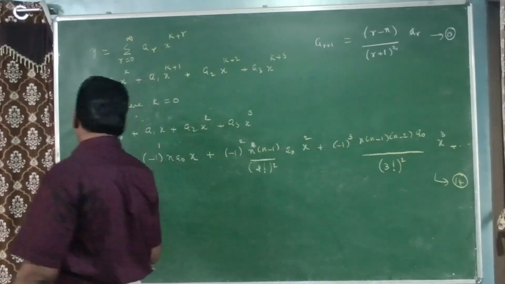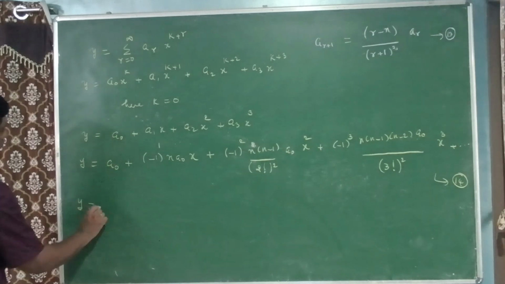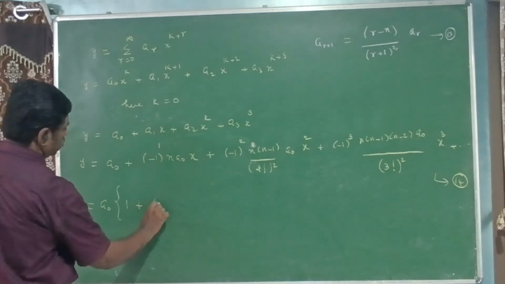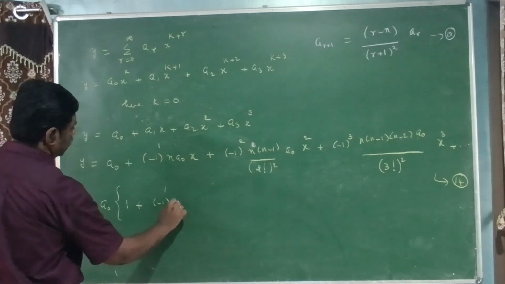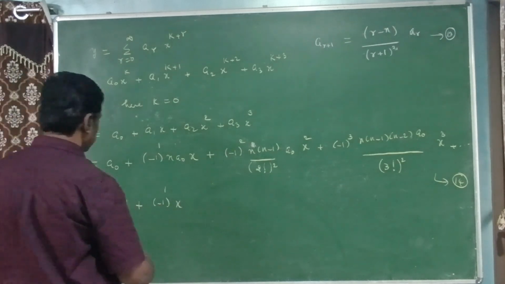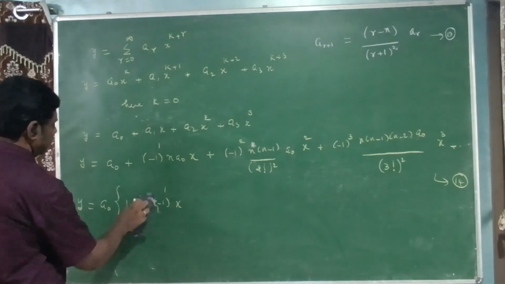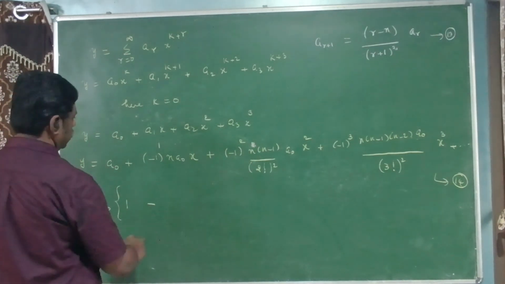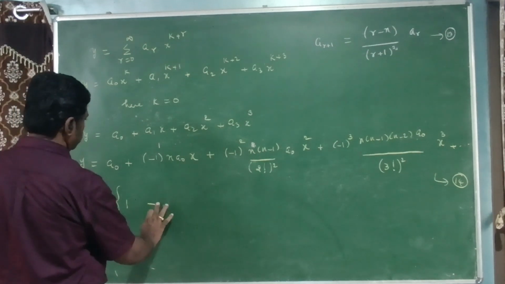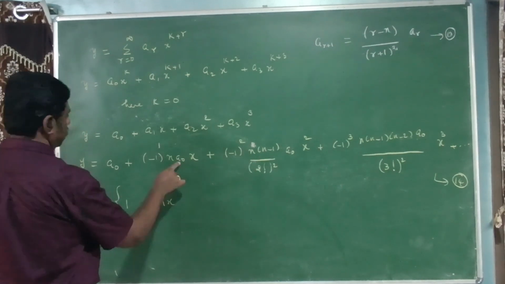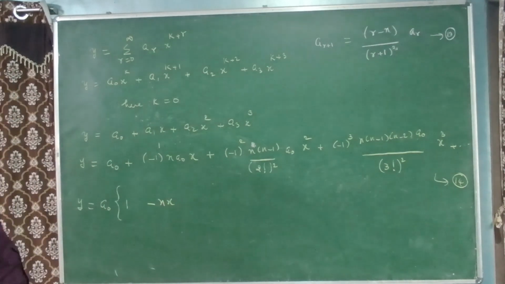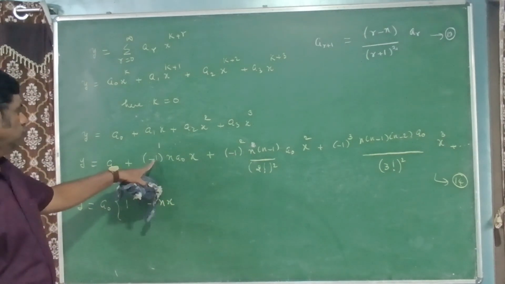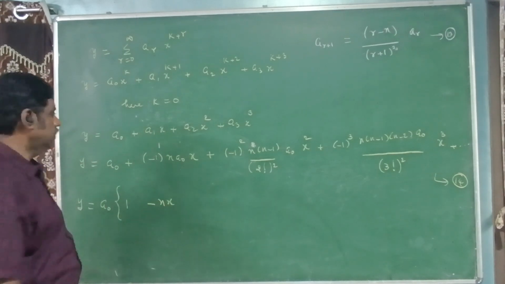In equation 14, take out a0 outside. y equal to a0 times 1 plus minus 1 power 1 x. This is nothing but 1 minus n x. We have taken out a0 alone outside, so this is 1, this is minus n into x.